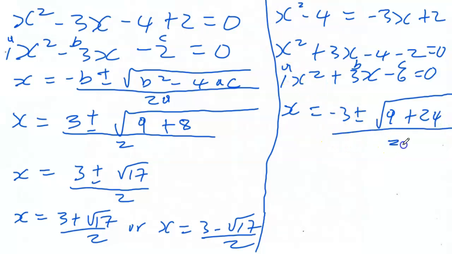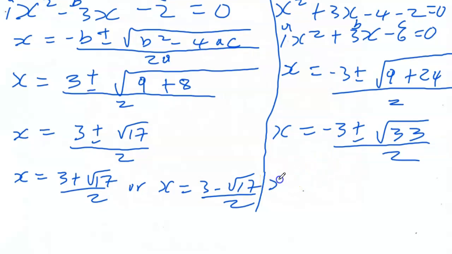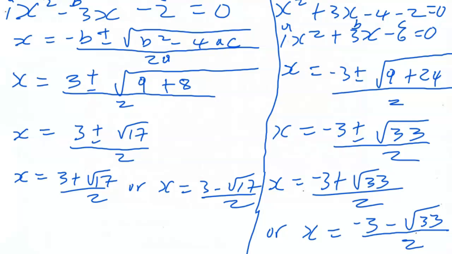A is 1, so 2 times 1 is 2. So x is equal to minus 3 plus or minus the square root of, what's 9 and 24? 33. Upon 2. So we can separate. Hence x is equal to minus 3 plus root 33 upon 2, or x equal to minus 3 minus root 33 divided by 2.